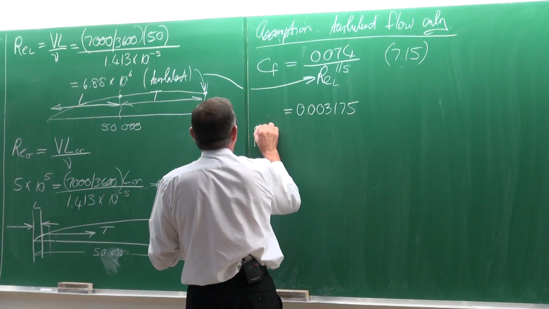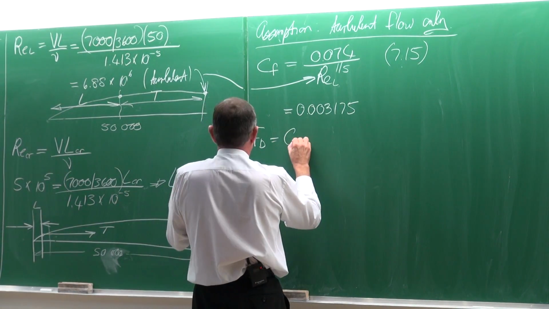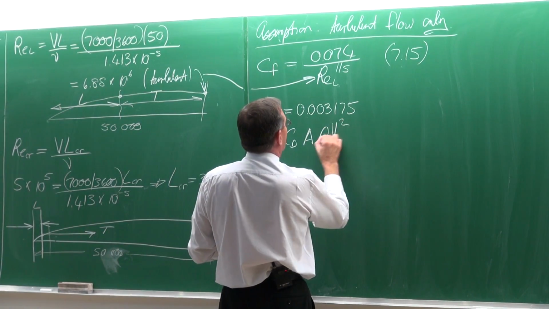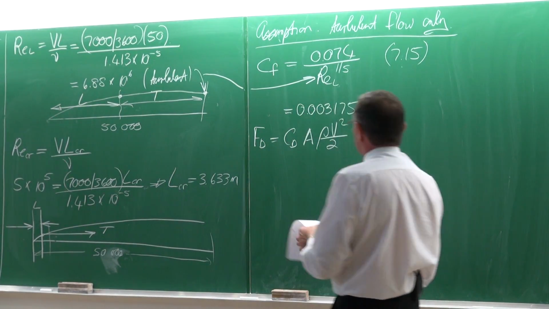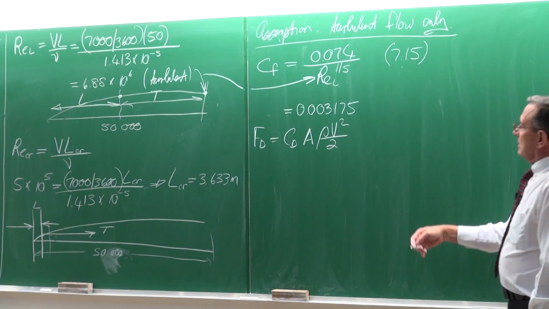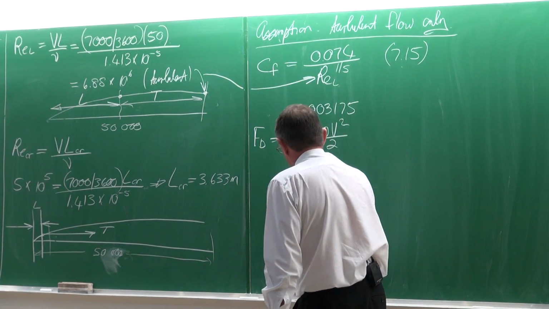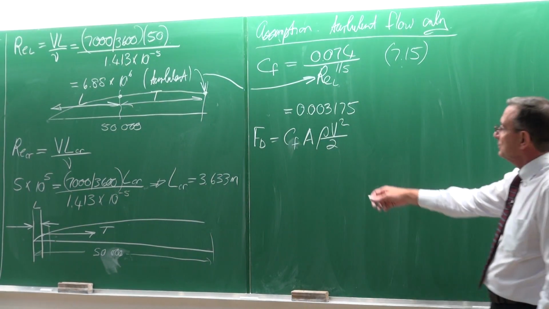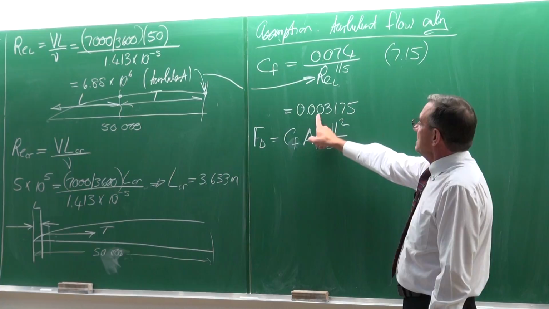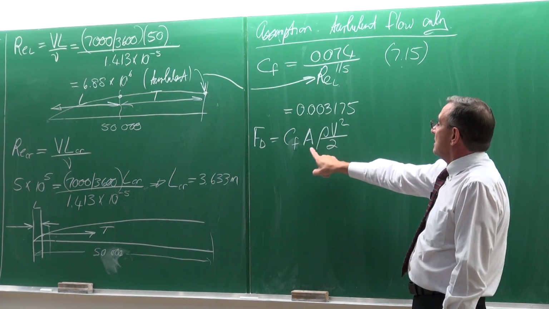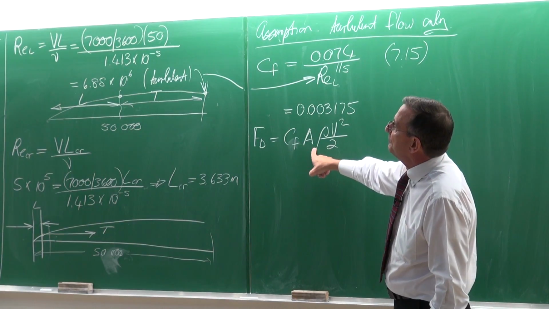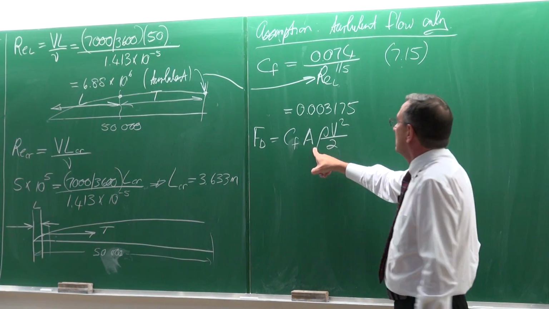The drag force is then equal to CD multiplied by the area, rho V squared divided by 2. Sorry, let's make that a CF. You can use CD if you want to. So CF, there it is. The area is 50 multiplied by 4.